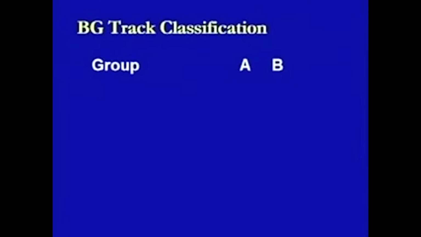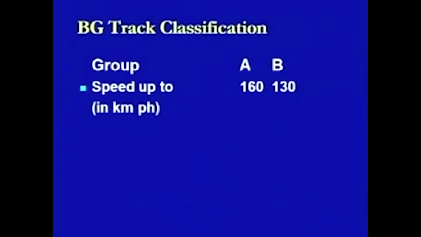Here in this slide we are taking the specifications related to group A and group B of the broad gauge track classification. The speeds are controlled up to 160 km per hour in the case of A category of broad gauge, whereas in the case of B category the speeds are limited up to 130 km per hour.